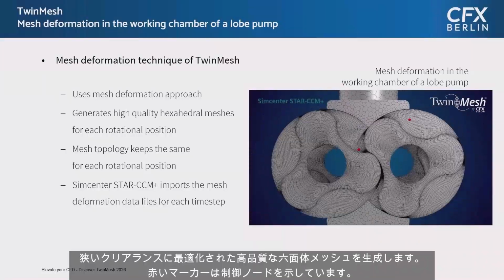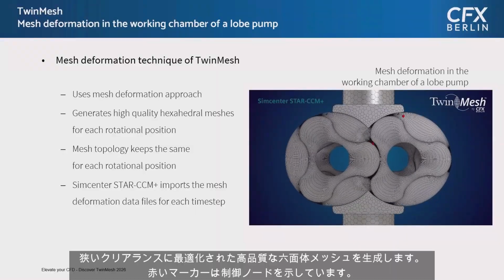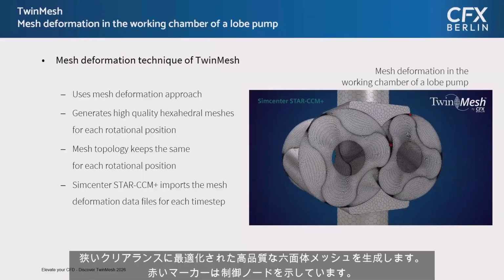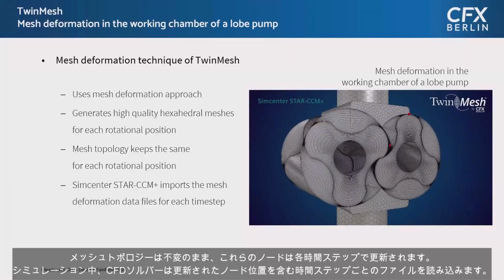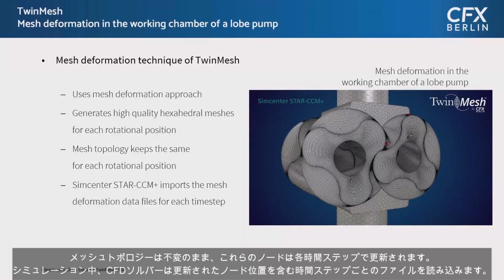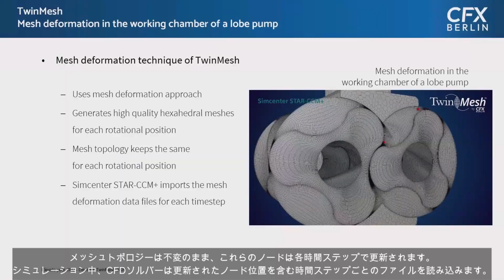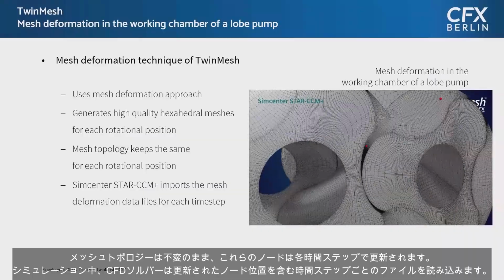It generates high-quality hexahedral meshes tailored to narrow clearances. The red markers indicate control nodes. These nodes are updated at each time step, while the meshing topology remains unchanged. During the simulation, the CFD solver reads per time step files with the updated node positions.